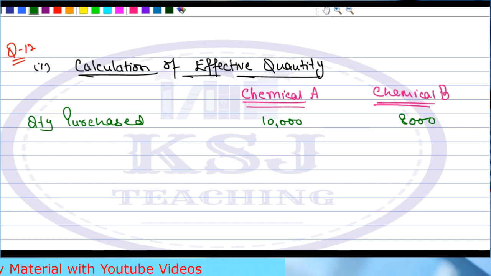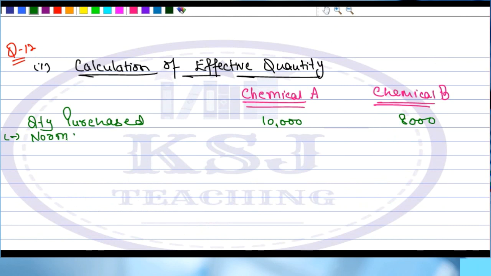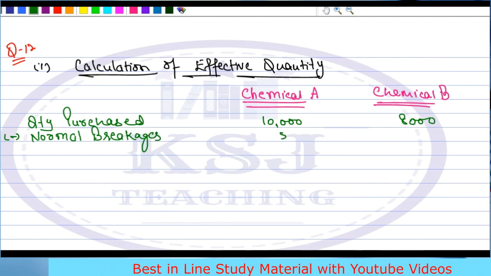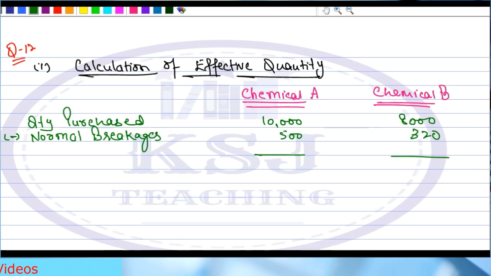Now, less normal breakages. It is given as noticed due to normal breakages. So we'll take normal breakages, that is 500 and 320. So what is the quantity left after this? The quantity left is 9,500 and 7,680.